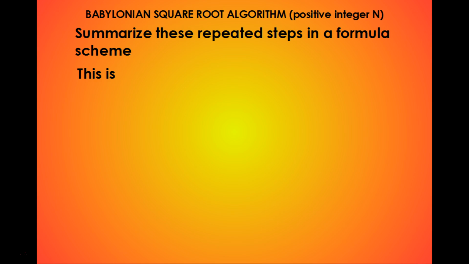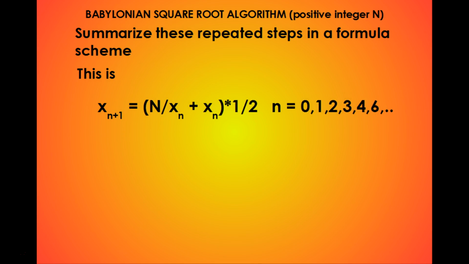This is x(n+1) equals n, the number we're trying to find the square root of, divided by xn, and add xn to it, and multiply everything by half.